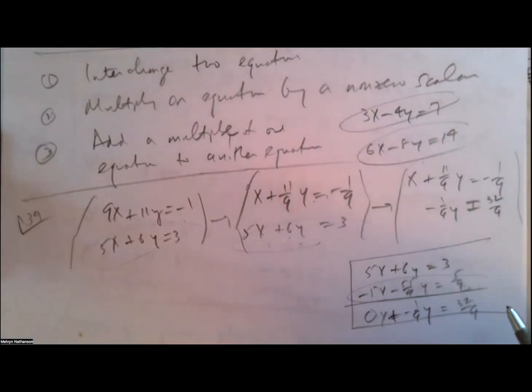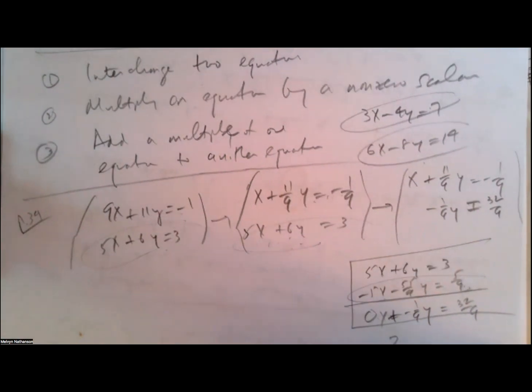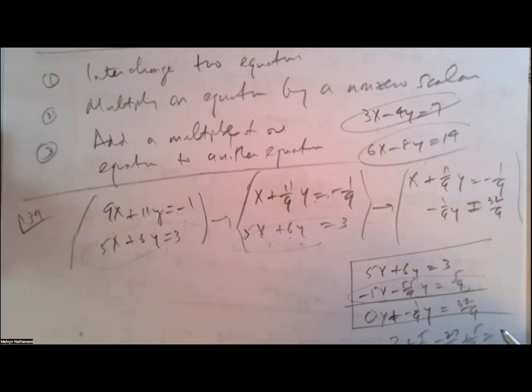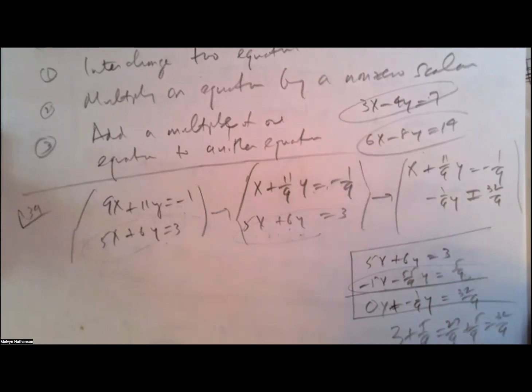How did you get 32 over 9? 3 plus 5/9 is 27/9 plus 5/9, which is 32 over 9. And how about the 1 over 9?